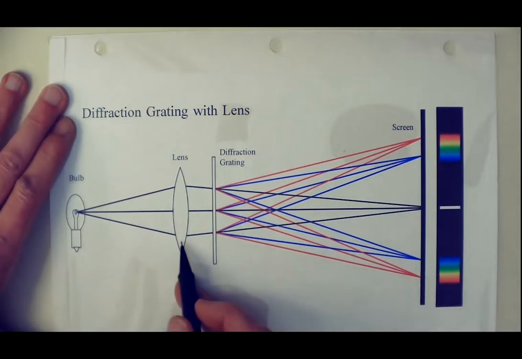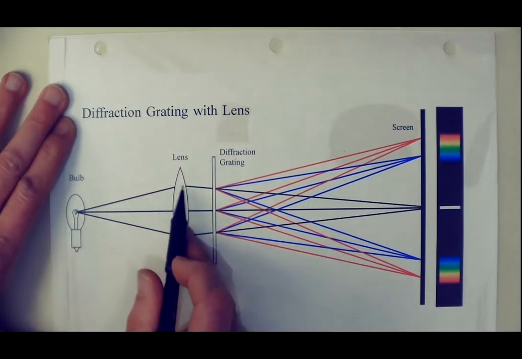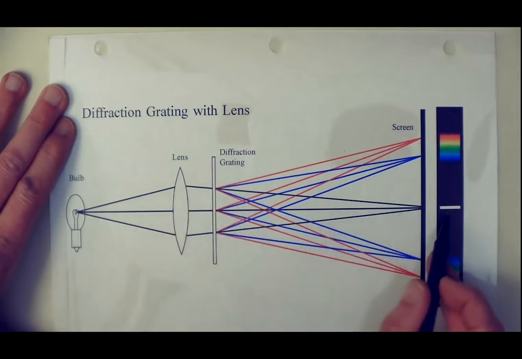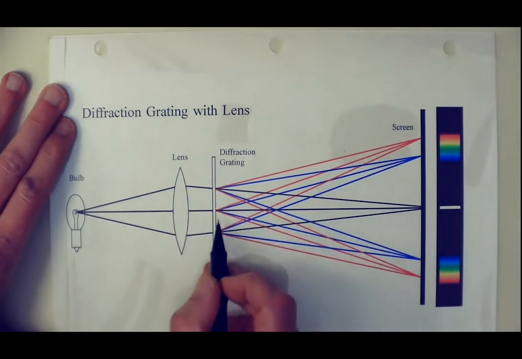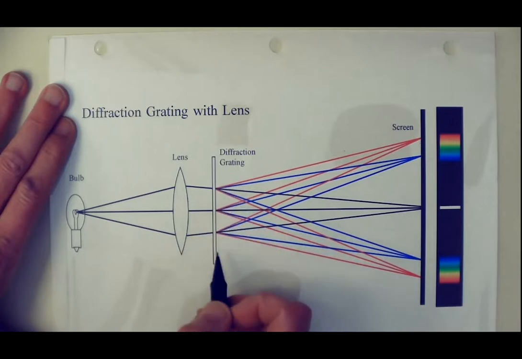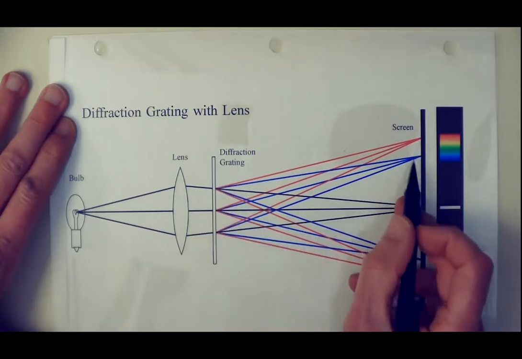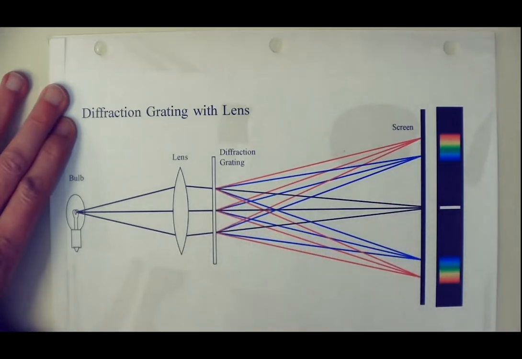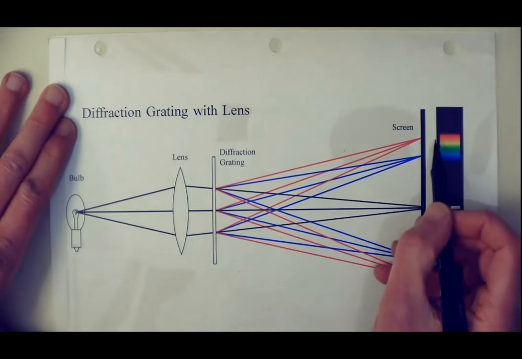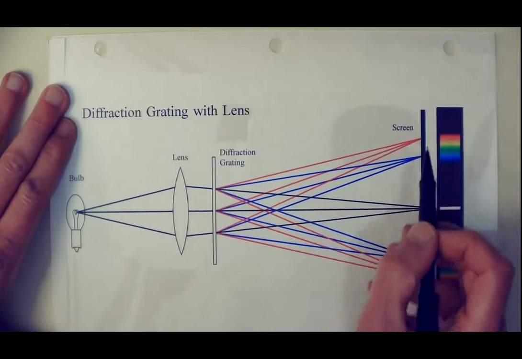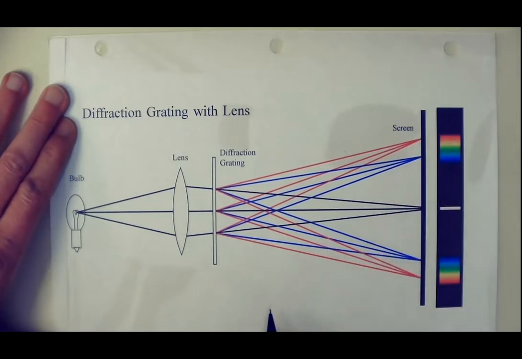Now the lens here is simply showing if you have a lens, so that the light without the grating would have been focused to a nice sharp point here, then essentially each of these gets shifted, and the spectrum that you get also gets nicely focused, so that all of the red rays come to one spot here and all the blue rays come to one spot there.